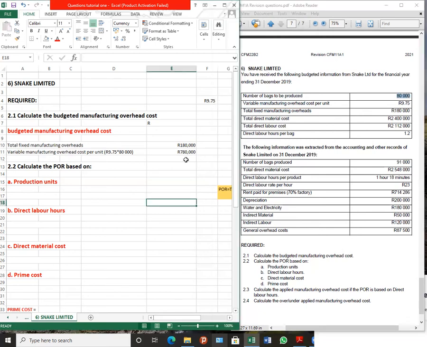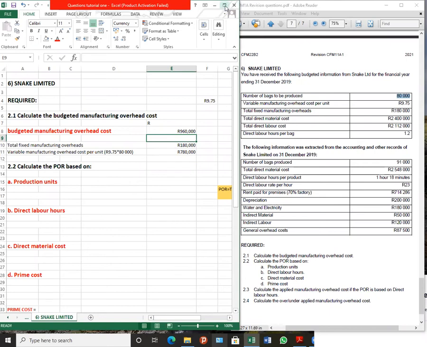In our budget, we have assumed that we are going to produce 80,000 units. And then we take this plus this, which is equal to 960,000. Are we together, guys?